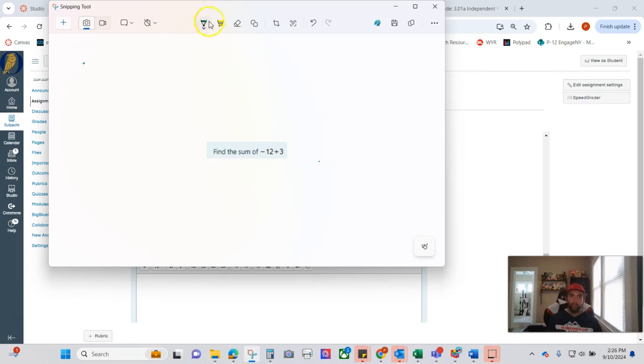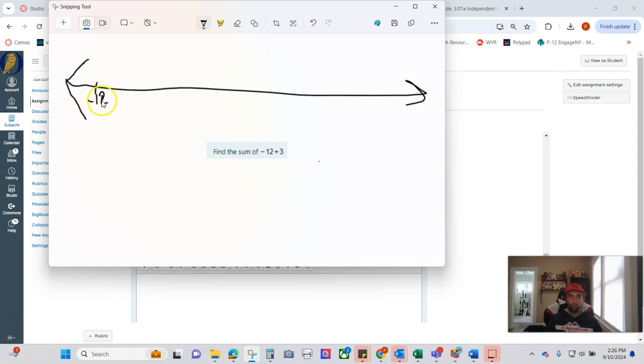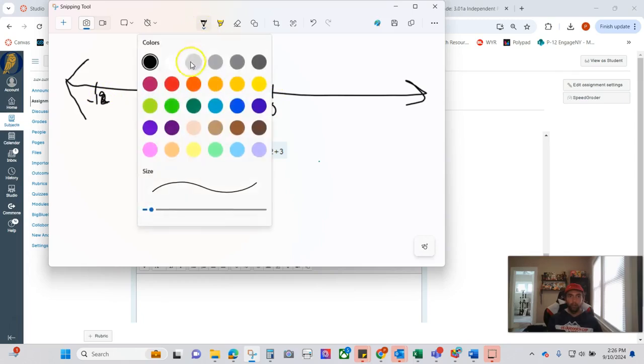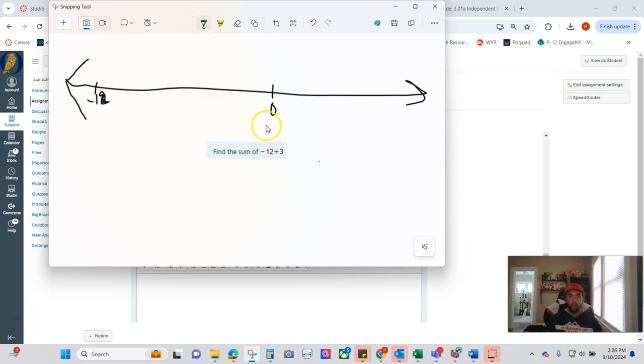Let's first find, is our answer going to be positive or negative in the end? So here's negative 12. Here's 0. To get all the way back to 0 from negative 12, we would need to add 12.